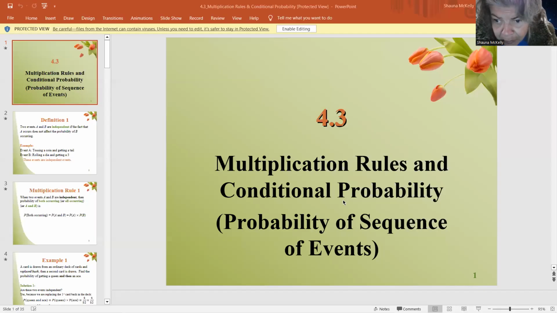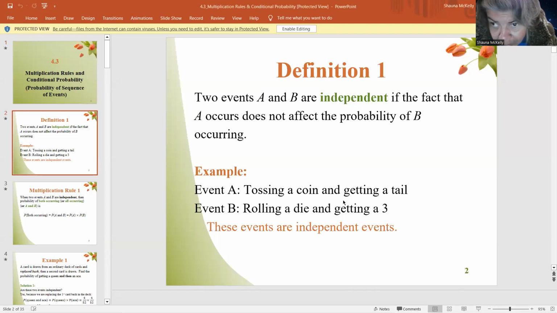So 4.3, the multiplication rules and conditional probability. Okay, so we've done the addition rules with OR. So here, two events, A and B, are independent if the fact that A occurs does not affect the probability of B occurring.